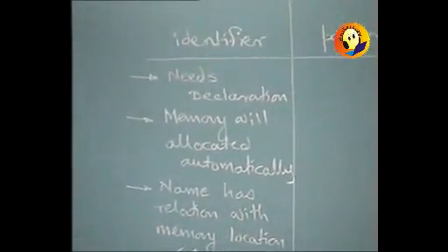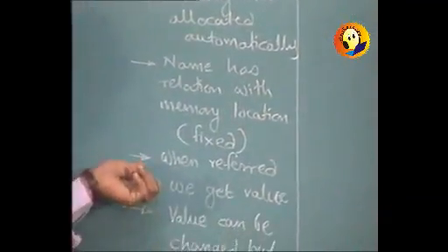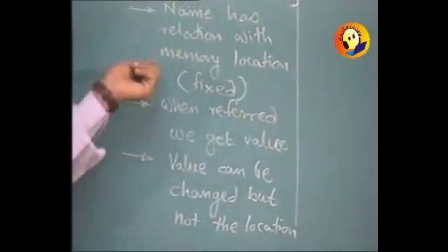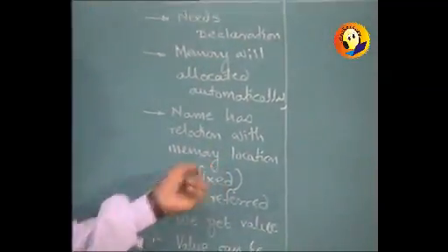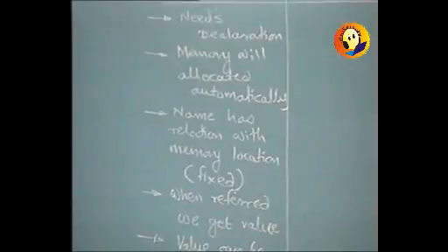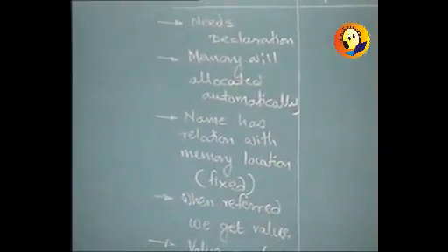At least this you know, that the value of the identifier can be changed. You know that whenever you use A, you are talking about the value of it. Name has a relation with memory location, because that value will be stored somewhere in the memory. Where, what is the address, we don't know. But it will always be the same location.